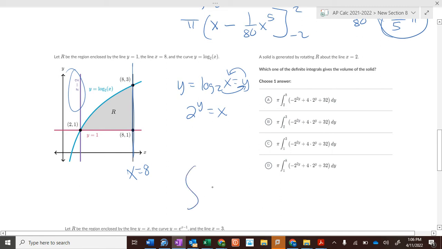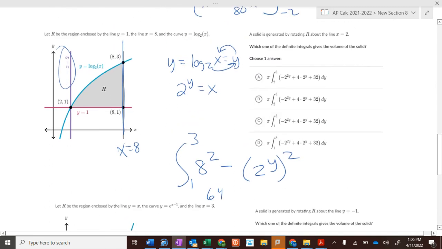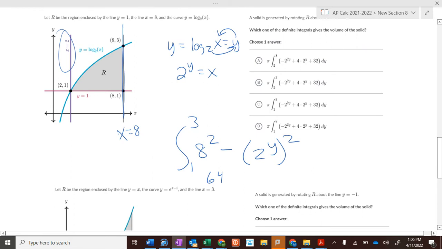So we have the integral of 8 squared minus 2 to the y squared from 1 to 3. That's 64 minus. 64. Whoa. Oh, you forgot, you need to subtract the piece up top?